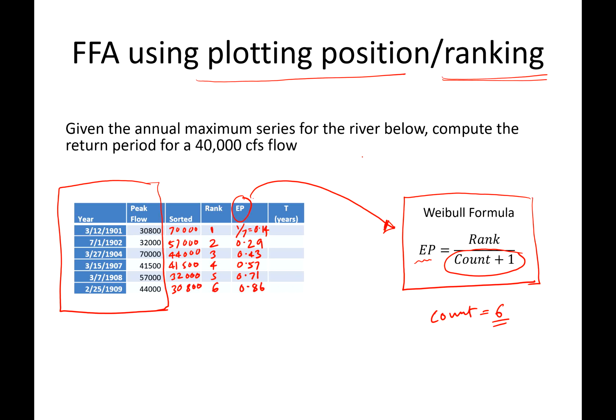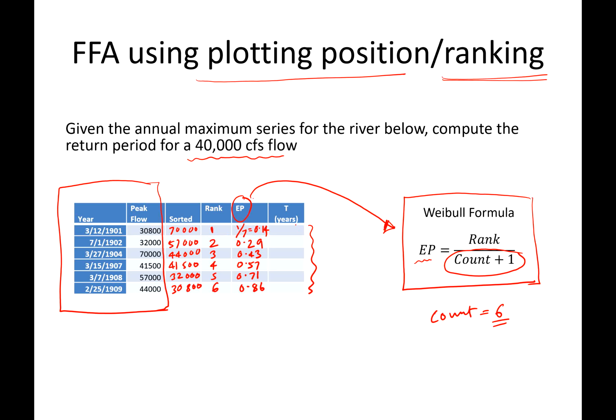Okay, now we are interested in finding the return period corresponding to 40,000 CFS. So once you have the exceedance probability, you find the return period for those. So the return period will be 1 over 0.14 and so on. So you can actually do that and get the return period for this column. Now we don't have exact 40,000 CFS in this column.